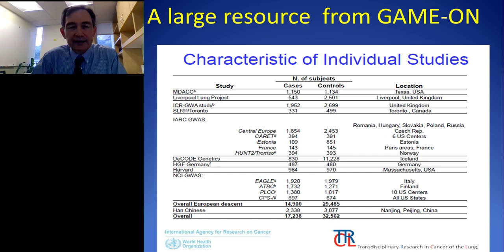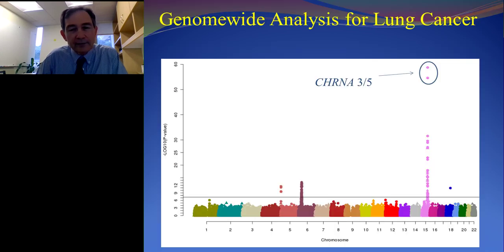And so this is a study that we've been involved in. At this point, when the slide was made, we had about 20,000 cases and about 30,000 controls. And the analysis showed a very striking association with a region on chromosome 15 that contains nicotinic acetylcholine receptor variants.